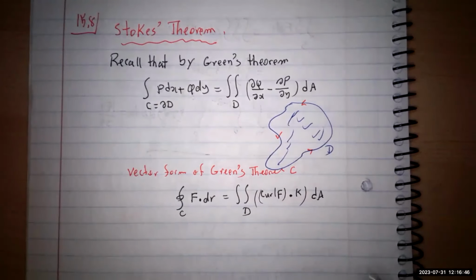You see, we did a little bit of algebra to change it into this form. The line integral for the vector field can be expressed in the form of a double integral.